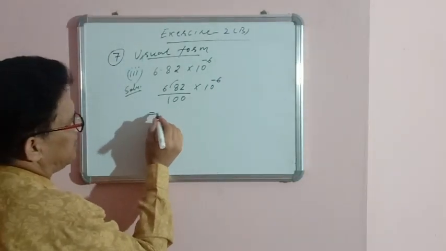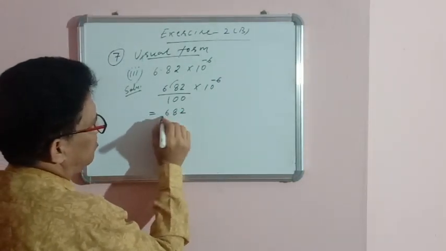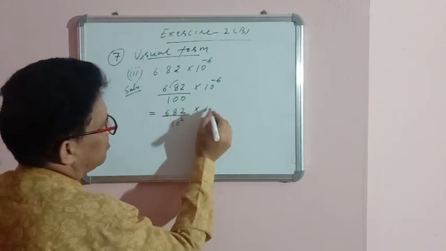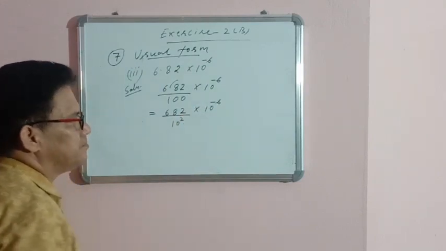Now we can write 682 upon 100 as 682 upon 10 power 2, into 10 power minus 6.